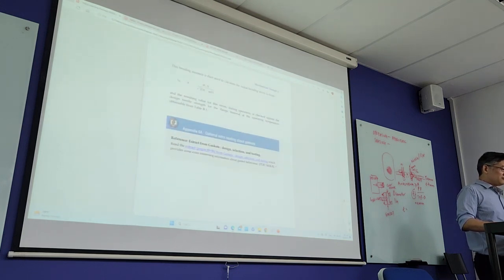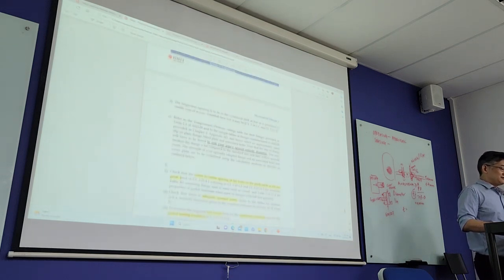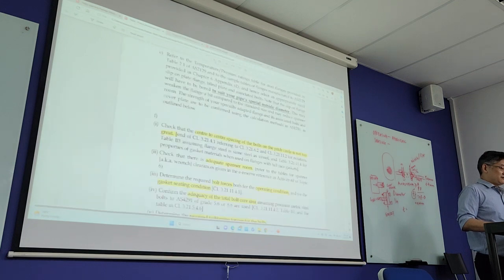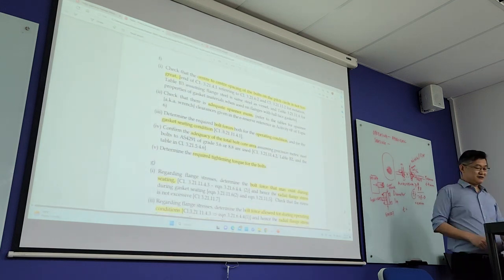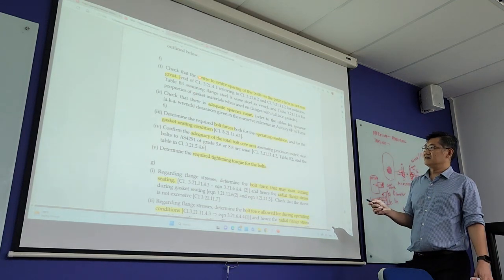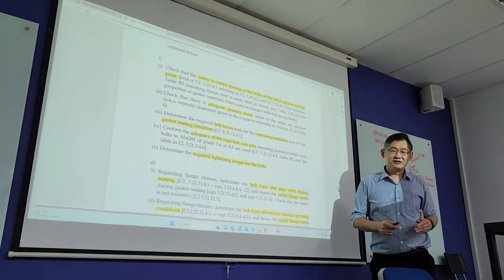Okay, so now we have to go back to your project. Look at the question asked, what they want from you now. So for Part Y, you have to start with question F here. Part 1: check the center to center spacing of the bolts on the pitch circle is not too great. How do we tell? You have to apply the formula here.